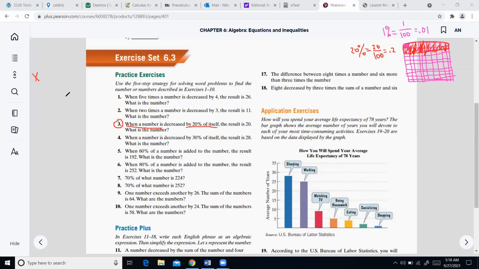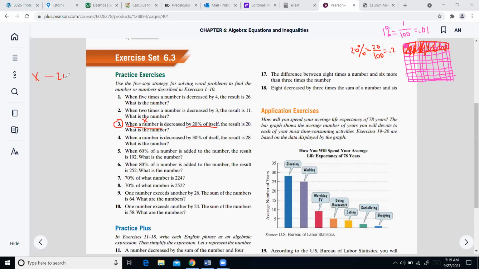Some people like N, but for word problems I usually use X. It doesn't really matter though. The number that they call X is going to be decreased. Decreased means we subtract, right? Decrease is a minus sign.